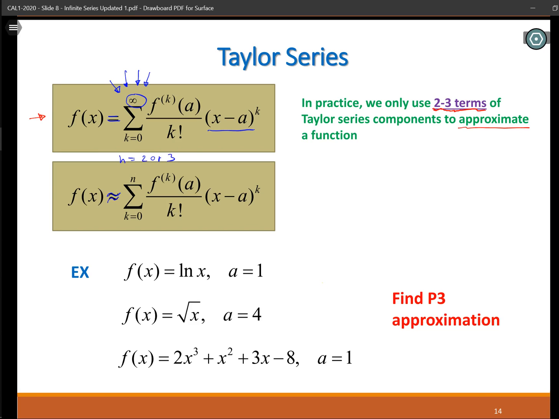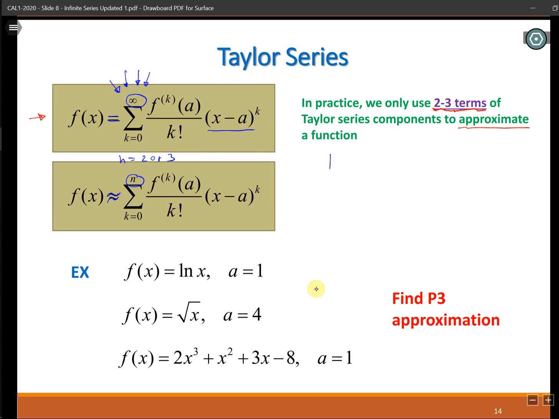If you make the approximation, just take some of them and make the calculation more manageable. All right. So n right here is finite. You can pick 5, you can pick 10, but it's going to be better to pick smaller numbers.